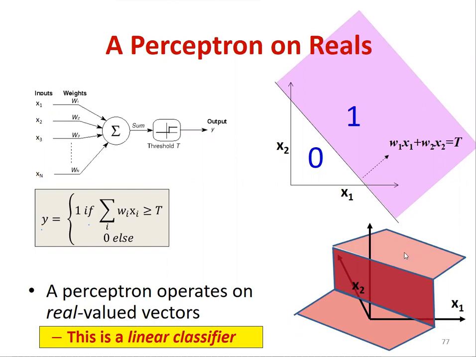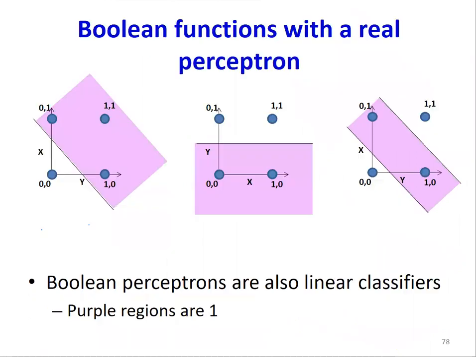We've already seen this in the last class. We also saw how these can be used to compute Boolean functions. In a Boolean function, the inputs can only be on these 4 dots. So if my perceptron had a boundary here, this is going to be an AND. If it had a boundary here, this is going to be a NOT.